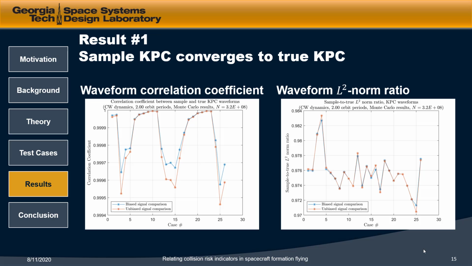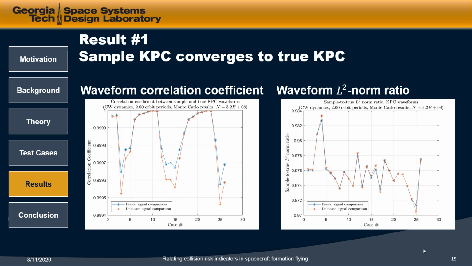The first result is to rigorously validate sample KPC convergence to the true KPC. On the left, you see the correlation coefficient between sample and true KPC waveforms, which is the normalized inner product between the two waveforms, and which has values between plus and minus 1.